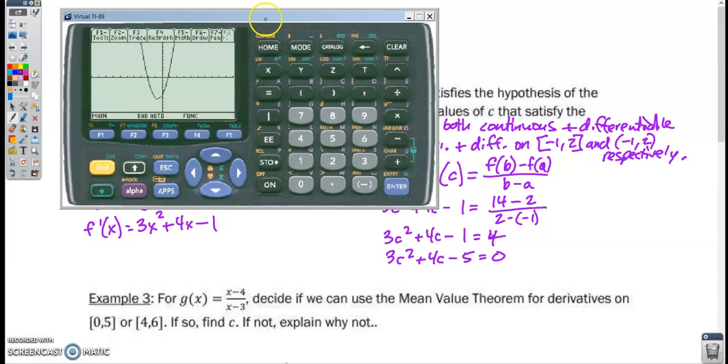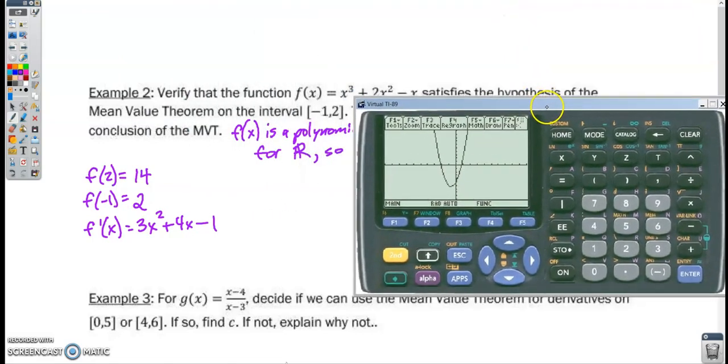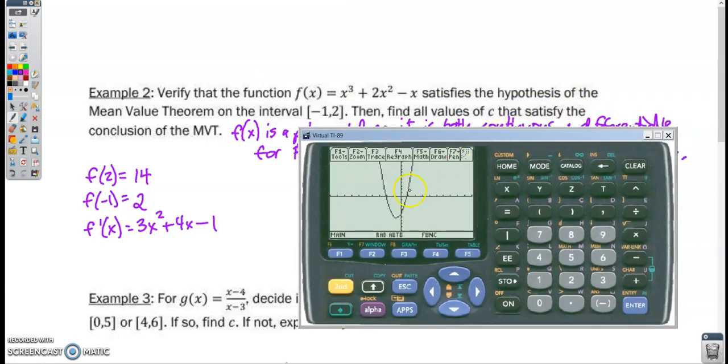If we look at this, we see that there are two values where this curve crosses through the x-axis, but the one on the left is to the left of -1, which I can verify if I find that zero. And so that's at -2.120.